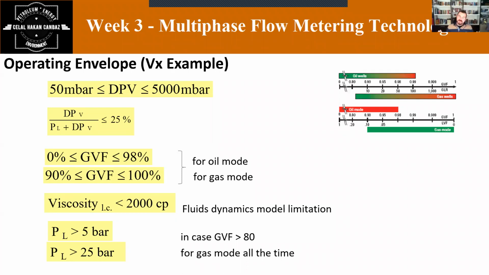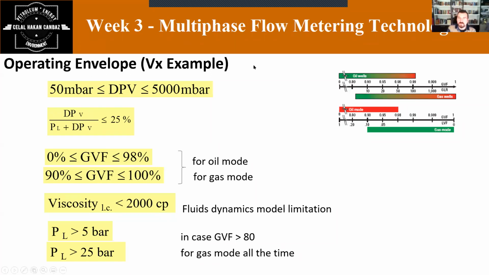The pressure at the point of your measurement is a part of your line, right? So your line pressure has to be above 5 bar. If your GVF, gas volume fraction, is above 80%, it has to be more than 25 bar for all gas modes. If you are using gas modes, it has to be lower than 25 bar.